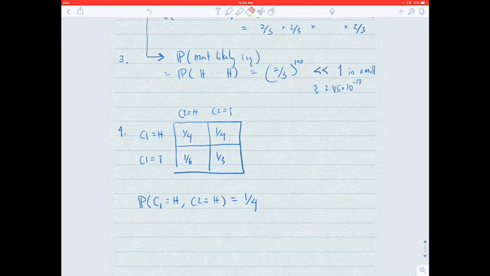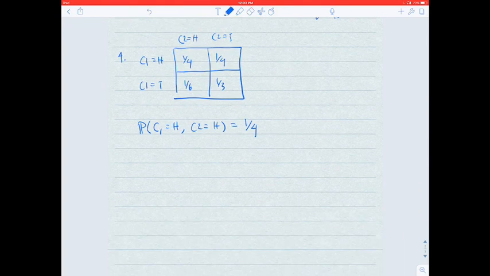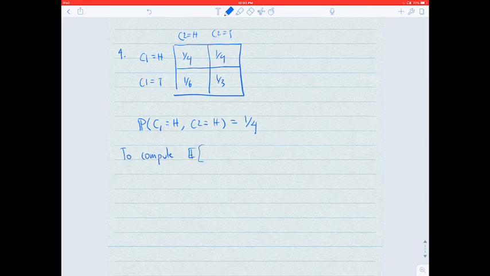let's compute the marginal probabilities. And in fact, this is exactly what this question is asking us to do. This question is asking us to compute the expected number of heads if we flip the first coin 100 times. So to compute the expected number of heads if we flip coin 1 100 times, what's the key thing we need?